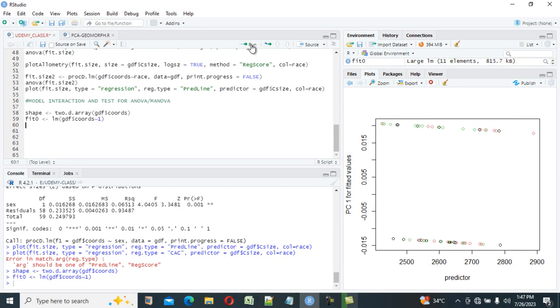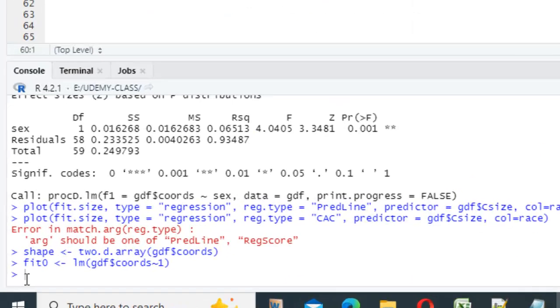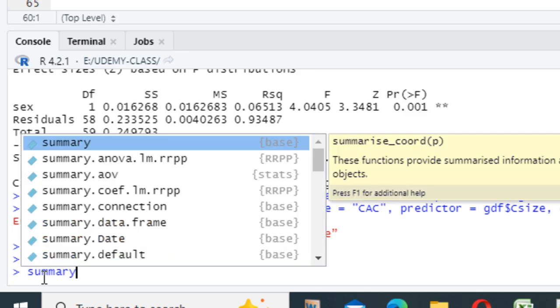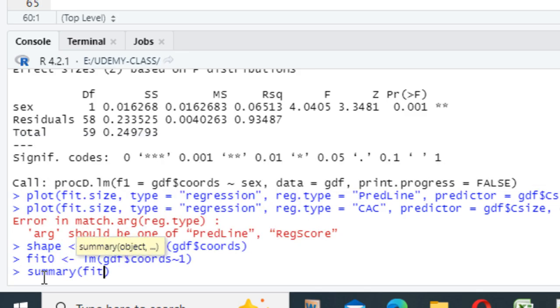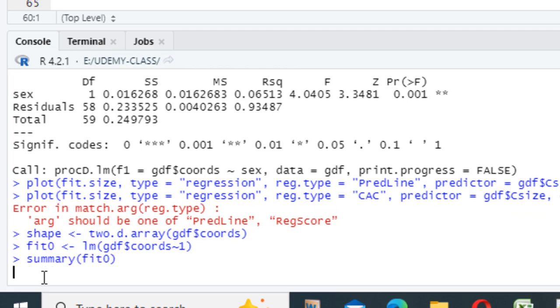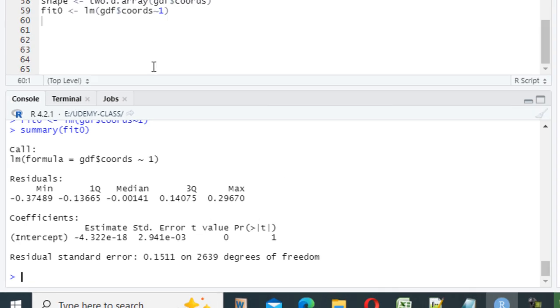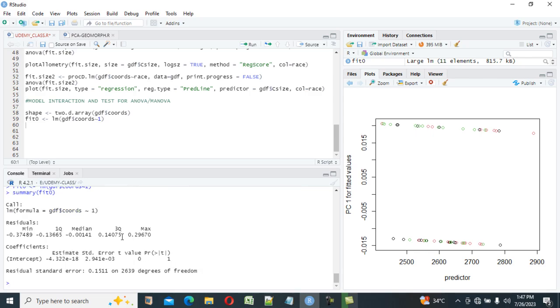Let's run this and see. Summary. Let's summarize this. Our intercept now, let's see what it's giving us. All this formula you can have. Okay, let's go.